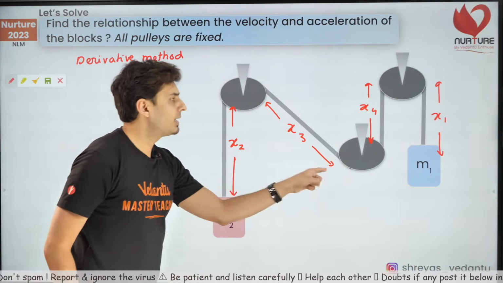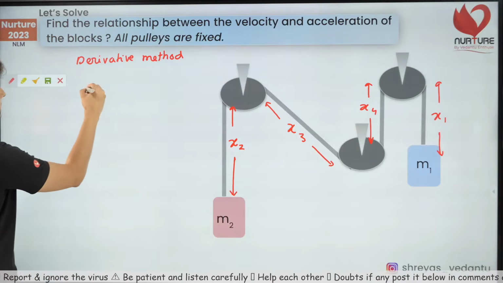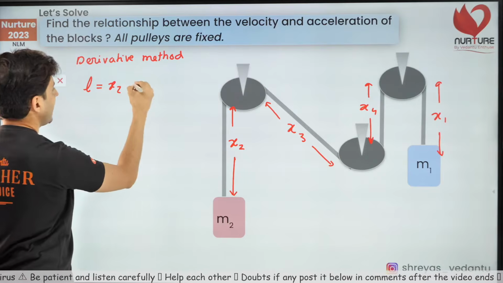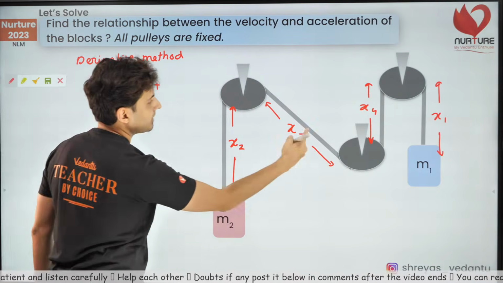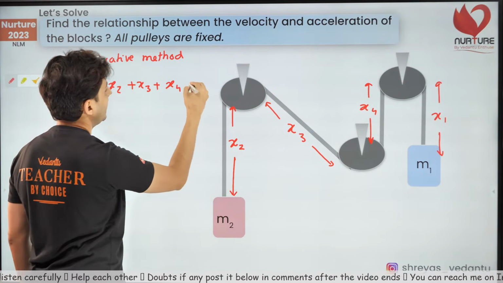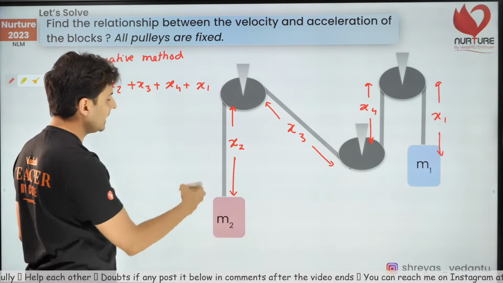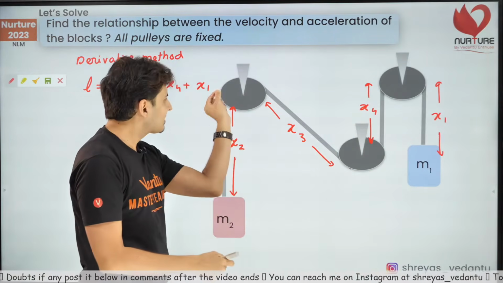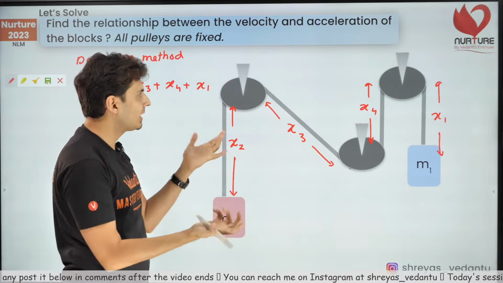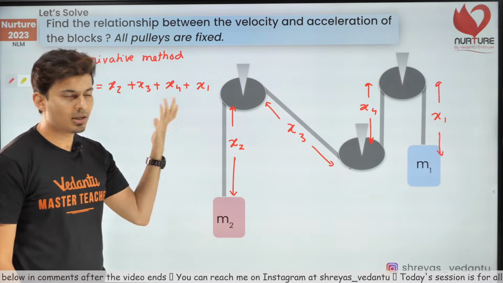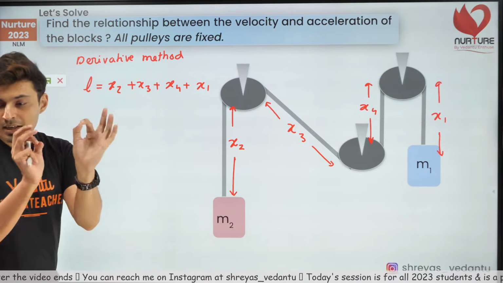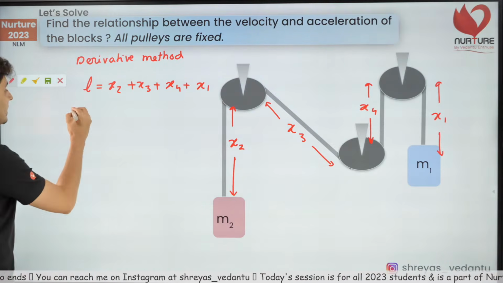Now, the reason why I've done it is because I can write the length of the string as x2 plus x3 plus x4 plus x1, correct? This plus this plus this plus this. You might neglect that small length, or even if you take it into account, it won't matter, you will see, because we're going to differentiate it anyway. Now, look at this.